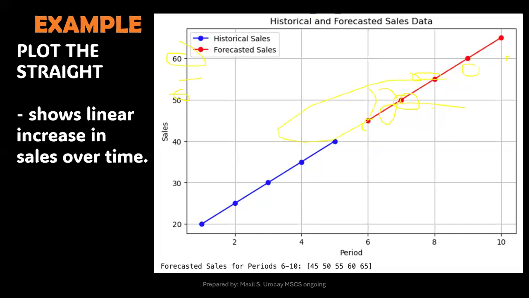So that's somewhat the example for your historical data. That shows a linear increase in sales over time. So you can definitely explain there that there is a linear relationship in the result. So that's how you will deal with the straight line forecasting model.